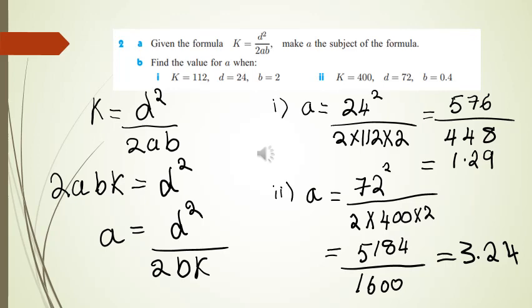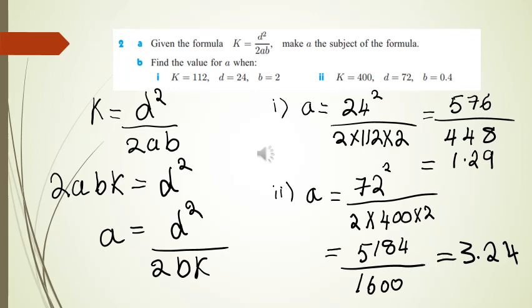Then we need to substitute and find the value of a. As I told you before, you have a in the denominator. We cannot keep it as it is. We need to change the place of the a first. The d squared is divided by 2ab.